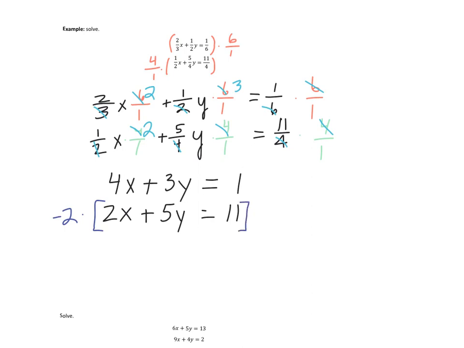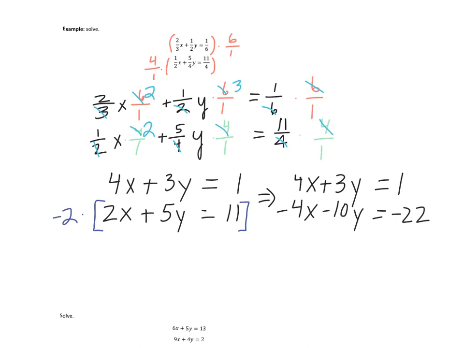And both sides, that's the same as all terms. So 4x plus 3y, and then multiplying all terms by negative 2. We get this. And how we designed it, when we add it up, a term should go away.